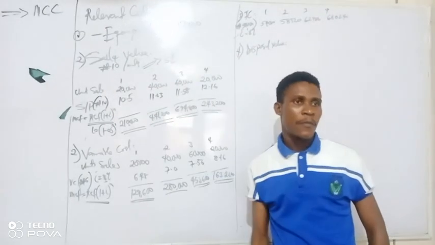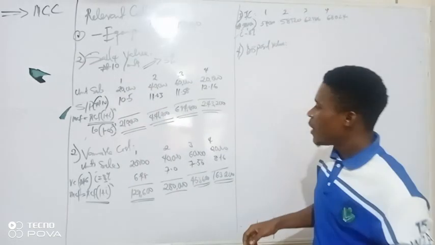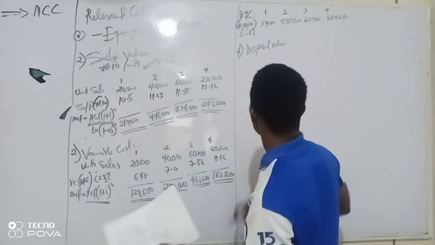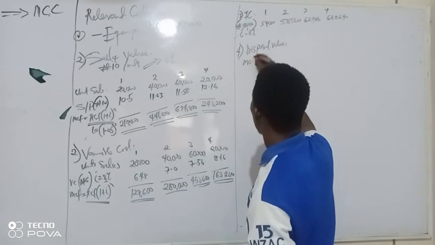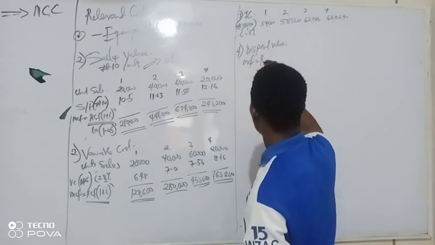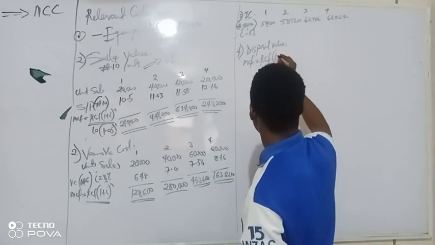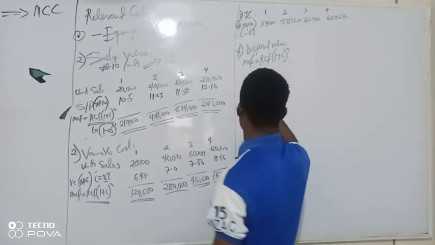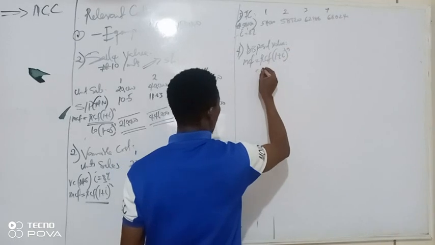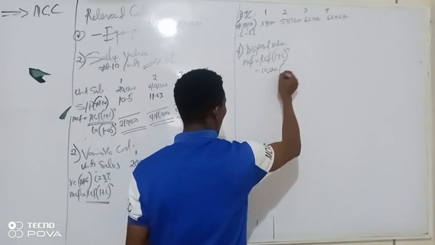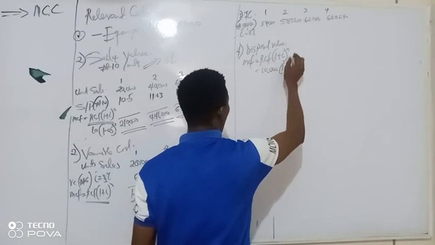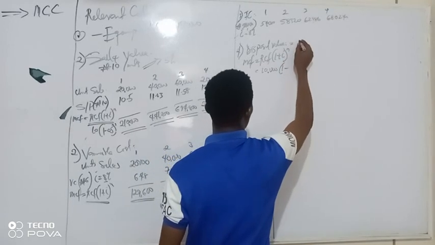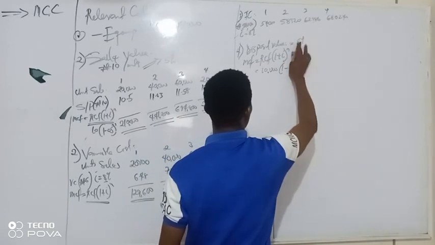Until year 4. So what we just need is to apply your formula: money cash flow equals real cash flow times 1 plus inflation, raised to the power of the number of years. What is the cash flow now? 10,000. Just say 1 plus, what's the inflation rate for disposal? 6%.